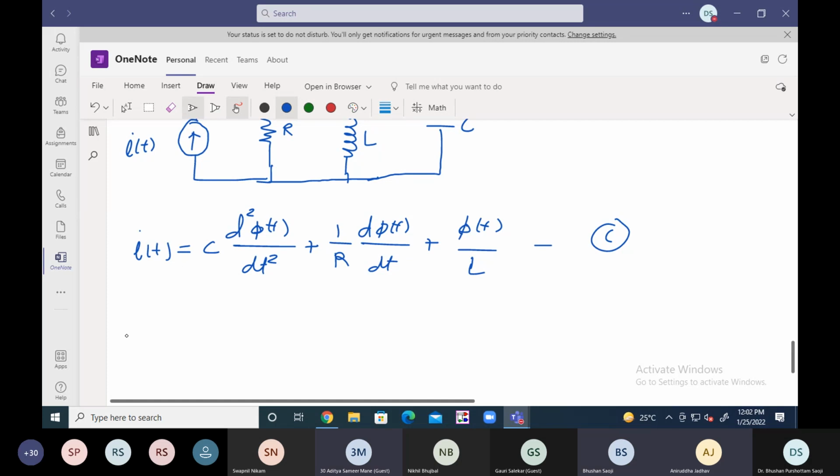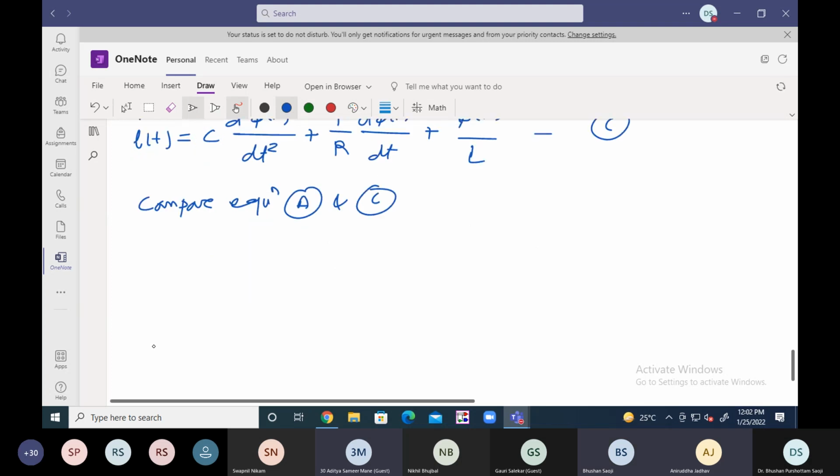Now compare equation A and C, then we get the F2I analogy.